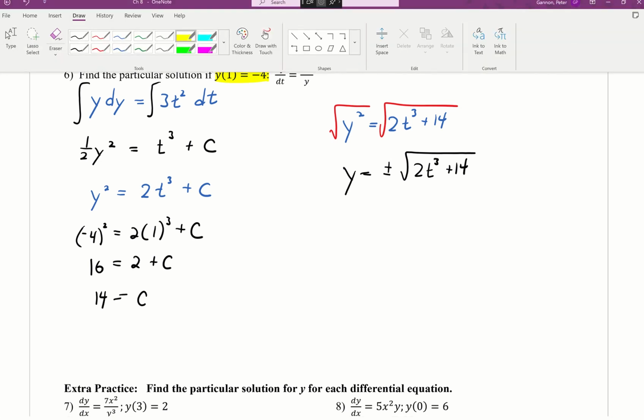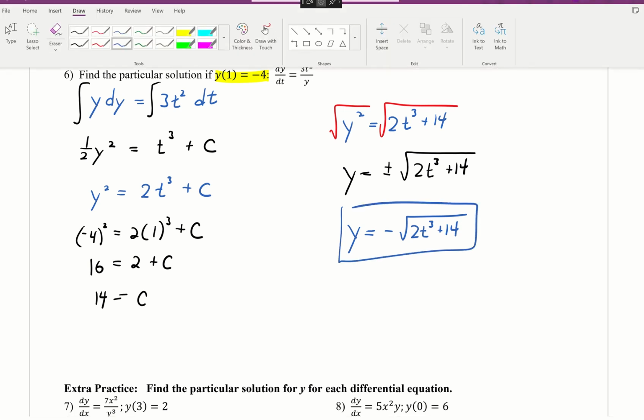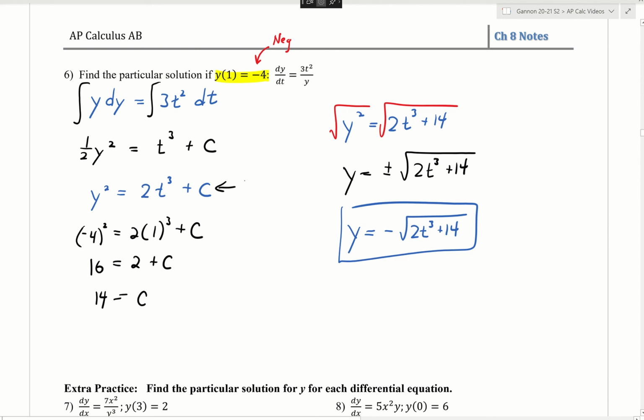And the fact that our y value is negative tells us that we want the negative solution. So because of that, our answer is just negative square root of 2t cubed plus 14. So up here, this could be considered your general solution. And then right here, this is the particular solution.